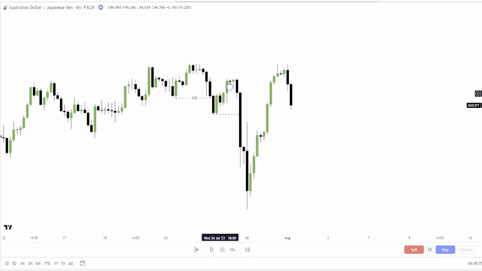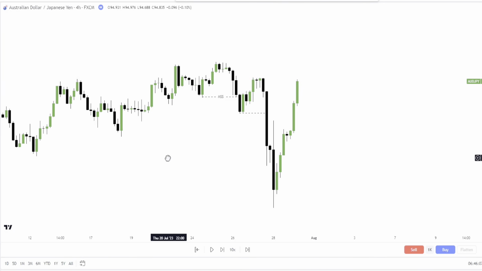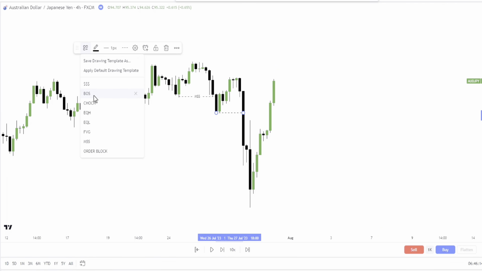Now, all this one is also a pullback, but I want to speak about this particular pullback that came in massively to that area. Look at this. Let me just take out this to that point and show you what I meant by that. So if you're taking a trade with this simple information using the smart money concept, what do you think you're going to do?